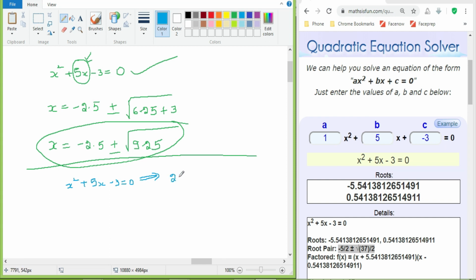Yes, I can take it as 2x square plus 10x minus 6 is equal to 0. Now it is the same question, the odd number itself, but it has been converted to even, no problem. But the point is here the coefficient of x square has been changed from 1. It has moved from 1 to some other number.